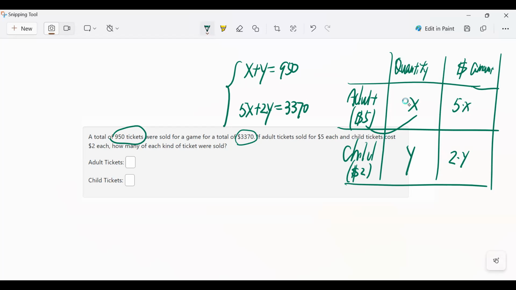Since we learned the substitution method, here I'm going to use the first equation, and then we can get either x or y by itself. Let's say we want to get x by itself. So you subtract y from both sides of the equation, which gives x equal to 950 minus y. Then you take this and plug it into the second equation.